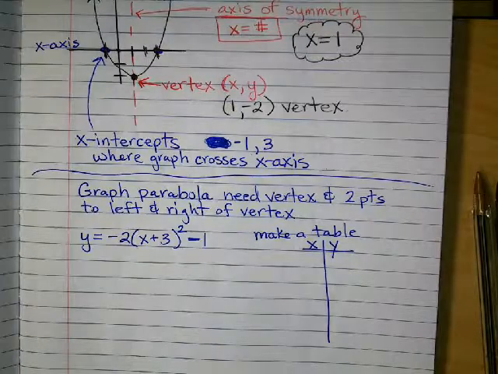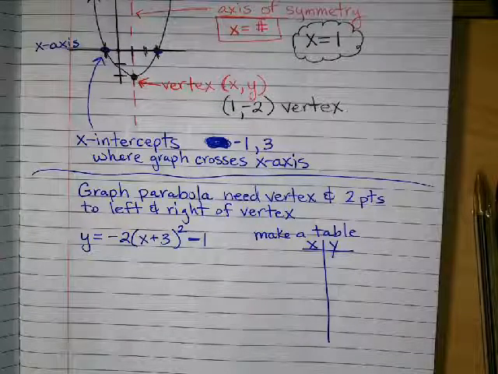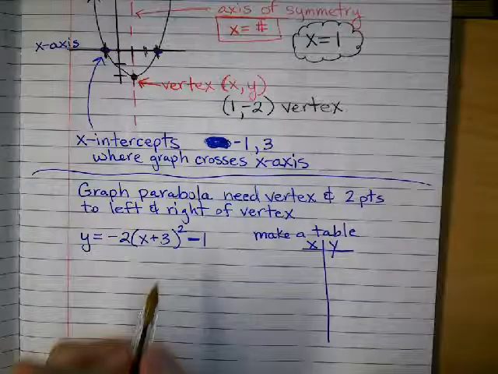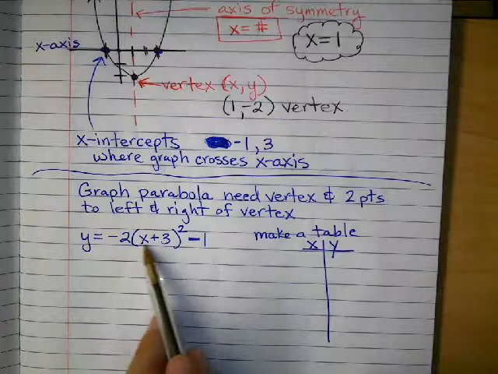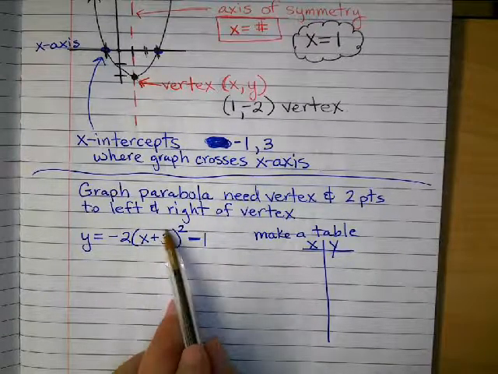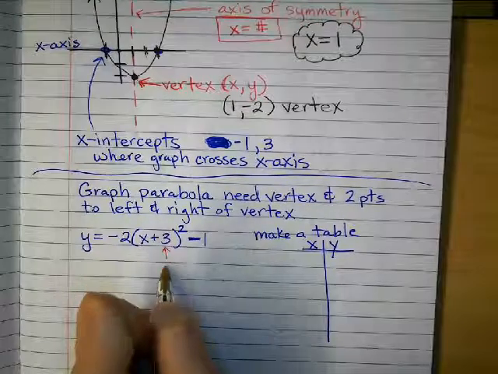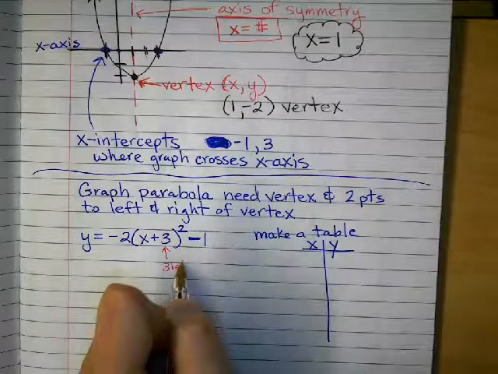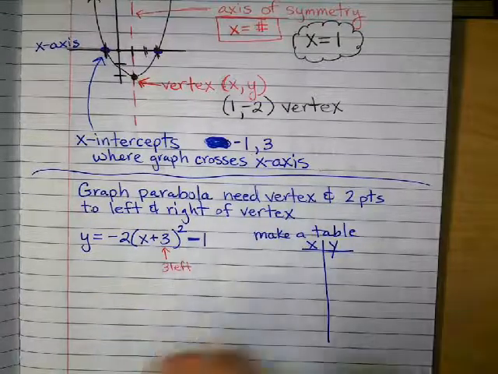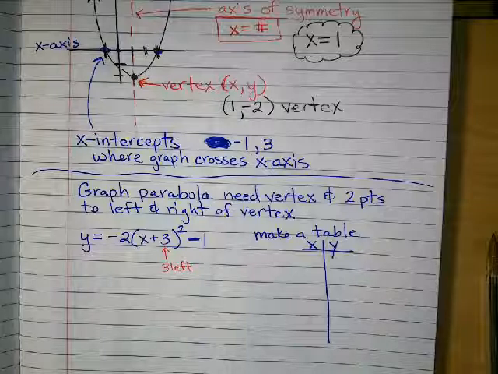Okay, so do you know if this is left or right? What do you think? Like in x plus 3. Based on what we've learned, yeah, that's 3 to the left. So is it literally graphed like negative? Okay.